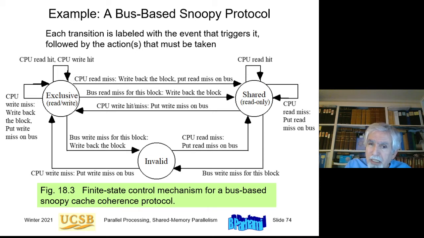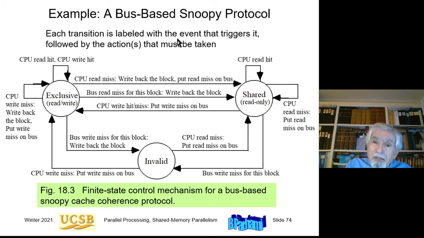Because they're connected to the bus, they see all transactions on the bus, and therefore they become aware. So if one processor, for example, fetches something from memory or writes something in memory, all the other processors will know about this or can potentially know about it by monitoring the bus.